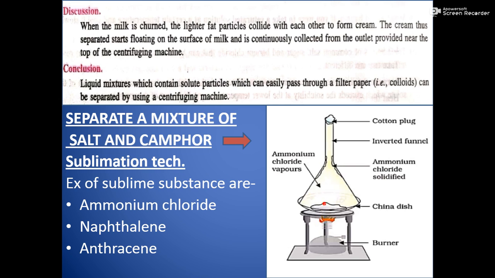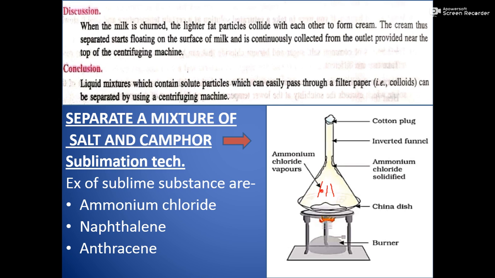When we heat this mixture, the vapors that come out are only of the substance which can vaporize, and that is camphor. When these vapors come in contact with the inner wall of the funnel, they convert back into solid. So first they convert from solid into gas, and from gas into solid.